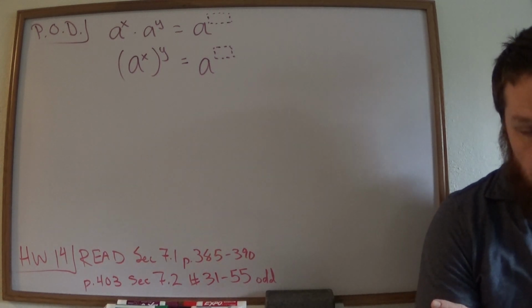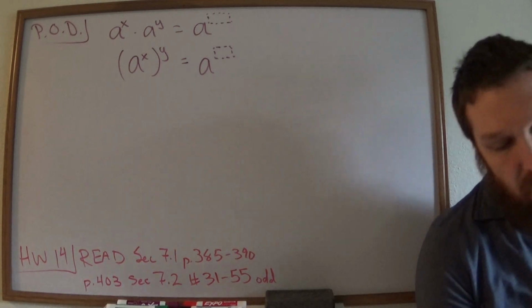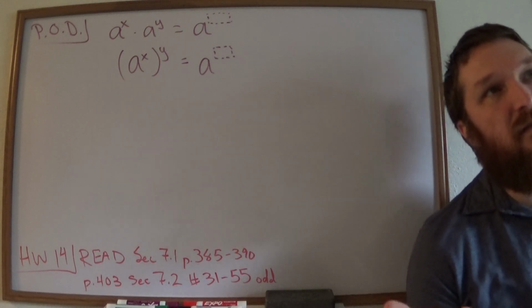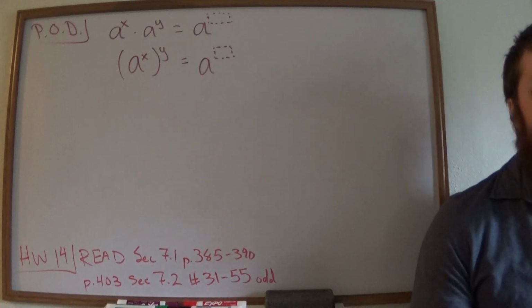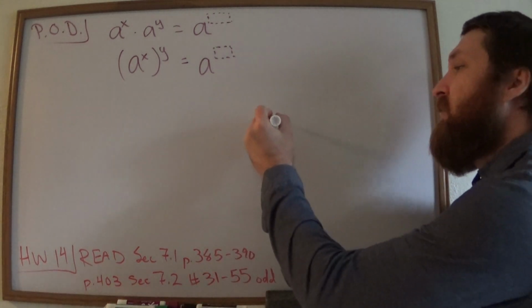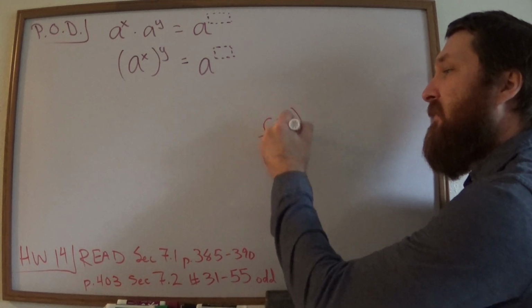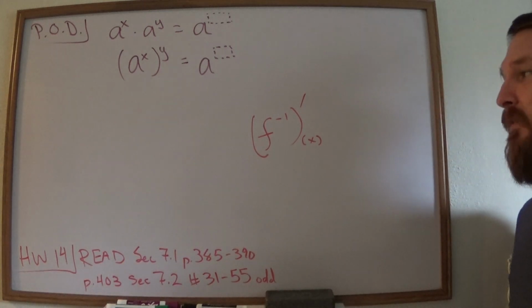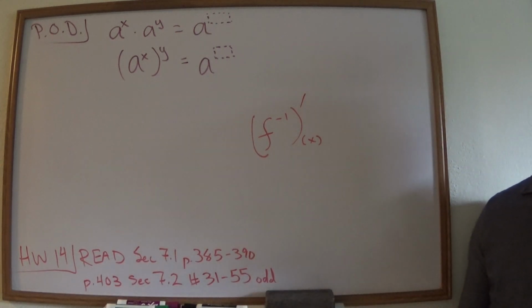Everything in there is just review, except for the last 2 pages, and it tells us how to deal with inverse functions in calculus. So for instance, if you have some function f, and you have an f inverse of x, and you want its derivative, there's a nifty formula in terms of f.